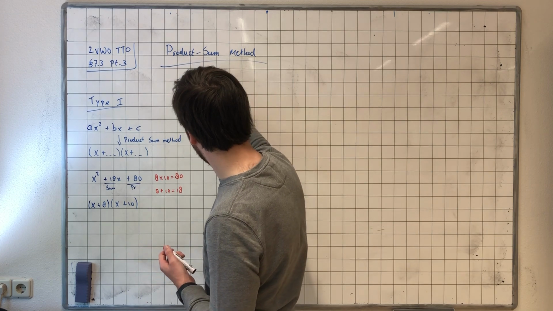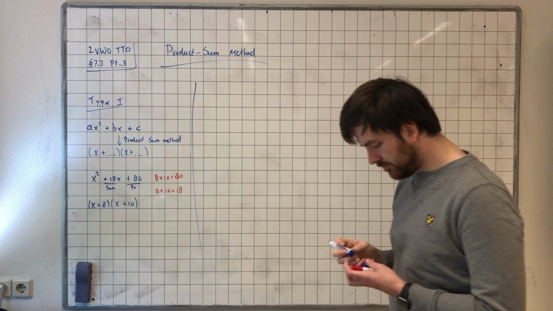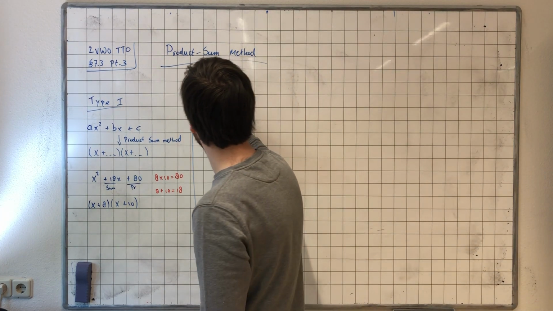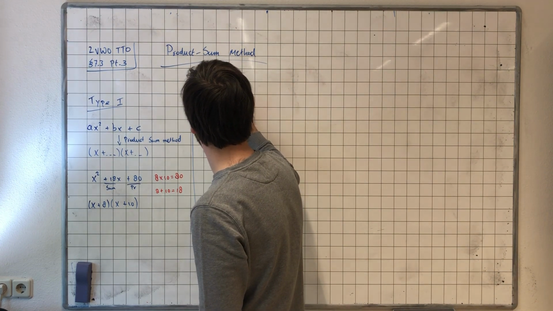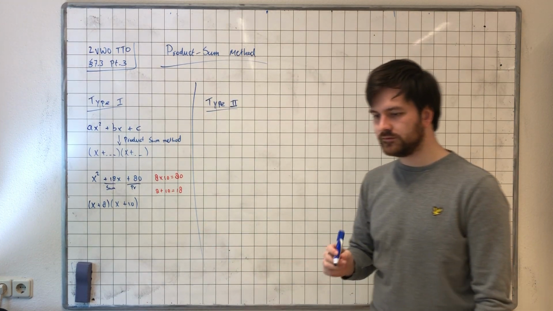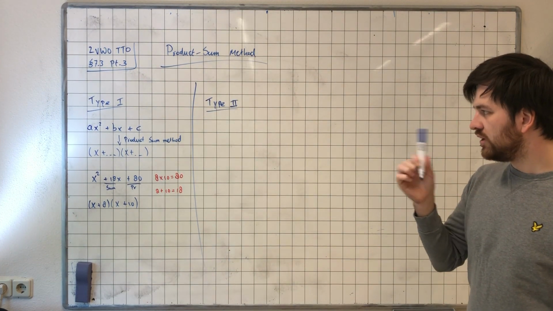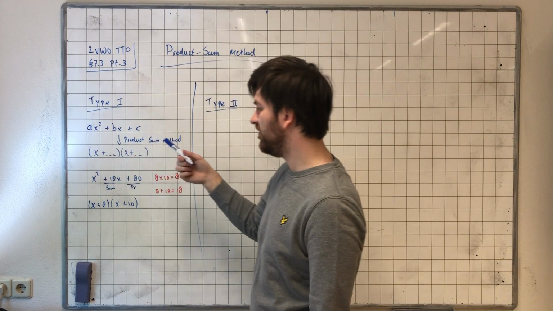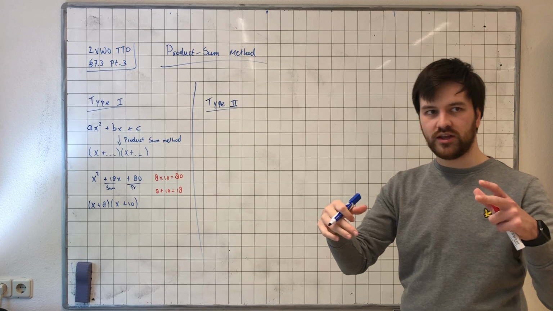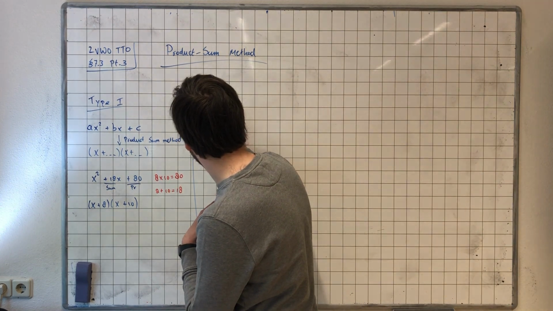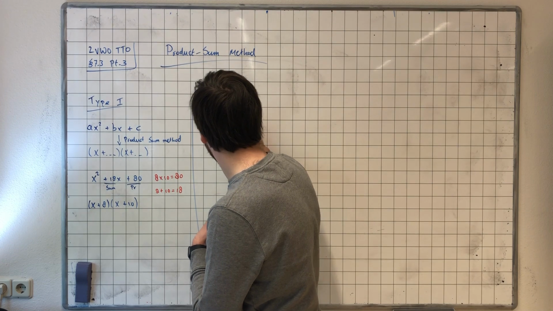That's basically type 1. Okay, let's go to type 2, which we actually saw at the start of this chapter. This one is a little easier. It's basically this thing, but with c equals 0. If c equals 0, it means we don't have it, which means we have ax squared plus bx.